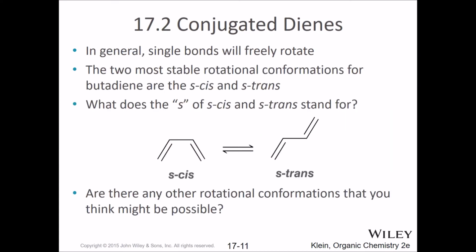All right, in general, single bonds freely rotate. You know that. You've seen that before. If we have butane, this bond can rotate, right? And then it can swing all the way back around. This guy rotates freely.